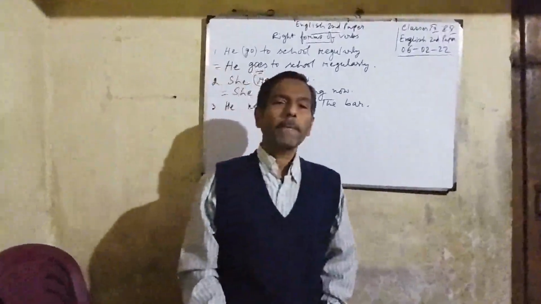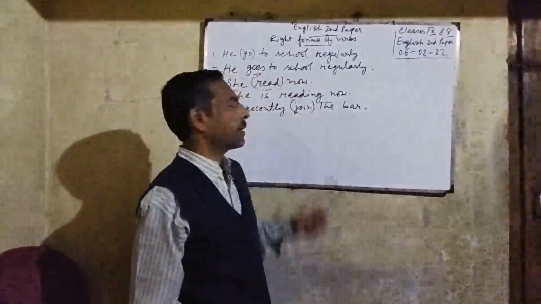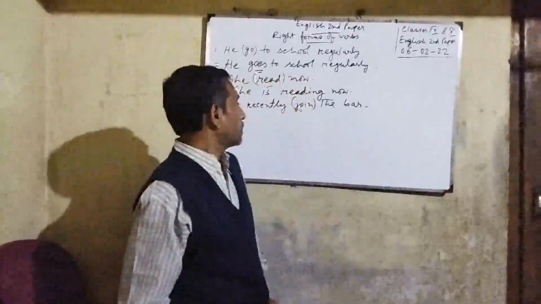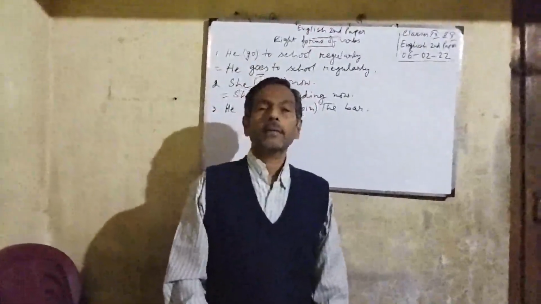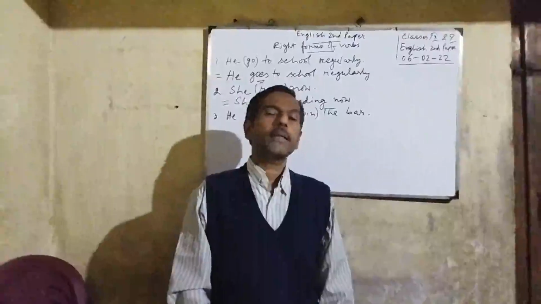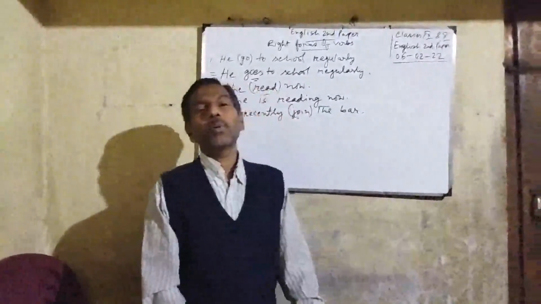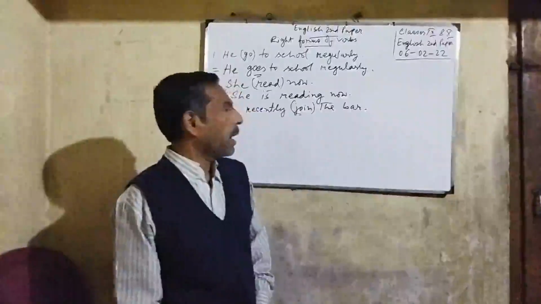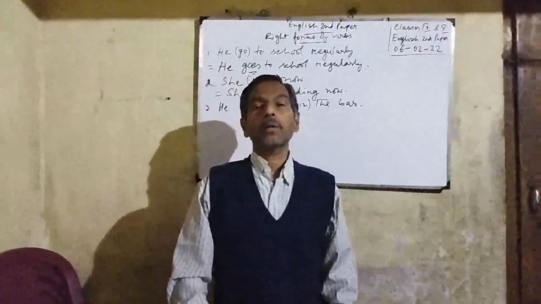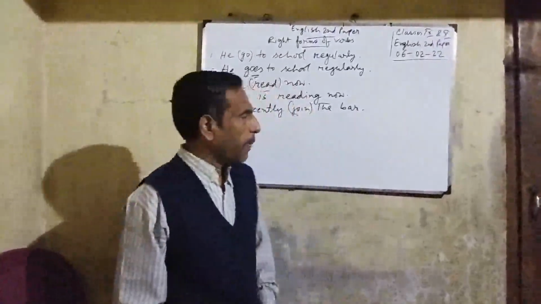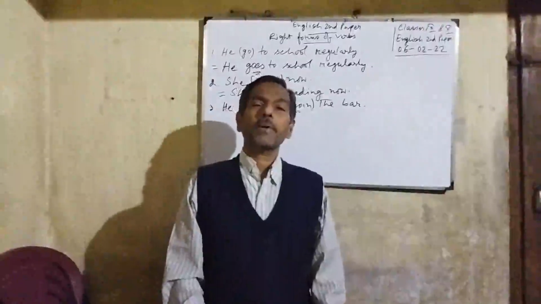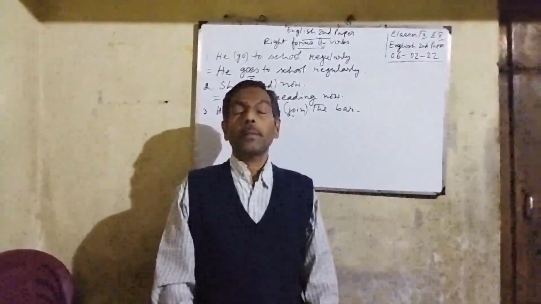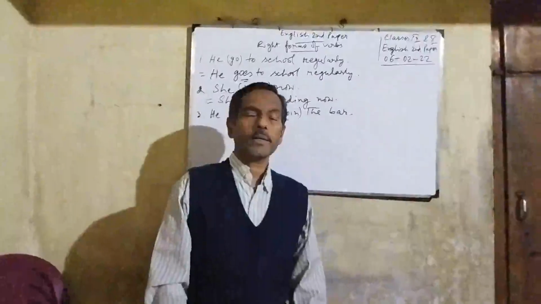If we see some words like recently, already, just now, yet, still in a sentence, we will turn this sentence into present perfect tense, and this activity is done according to the structure of present perfect tense. We know that the structure of present perfect tense is subject, have or has, past participle form of verb, and then extension.